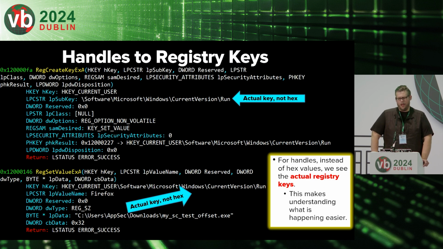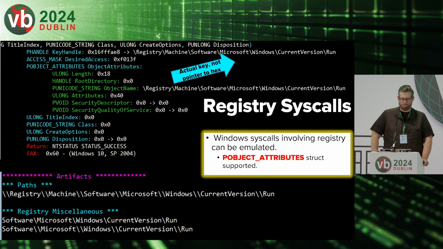And of course, handles. So we can use handles to register keys. So instead of displaying a hexadecimal value, which would be the correct thing, we will instead display the registry key that it corresponds to, which is, I think, much more user-friendly than just providing the hex.